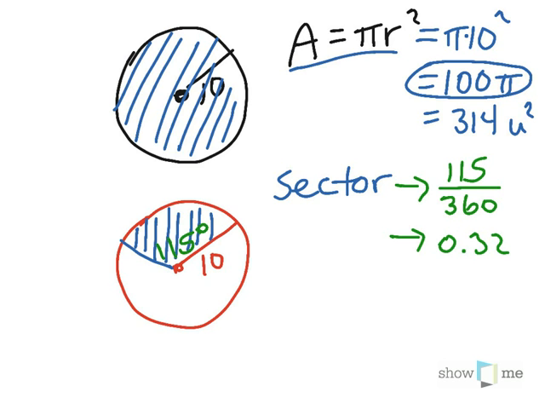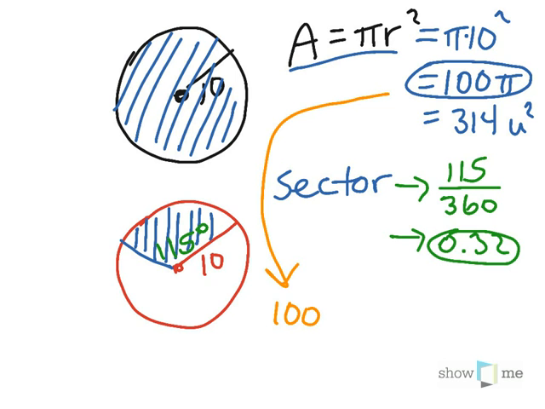Well, this isn't as hard as it may look. If all you want is that 32% of the circle, now that's not your answer, but that's key right there. I only want 32% of my circle. Well, then all I have to do is take my entire area, which I already calculated right here. I had 100 pi, and I need to multiply it by 0.32.